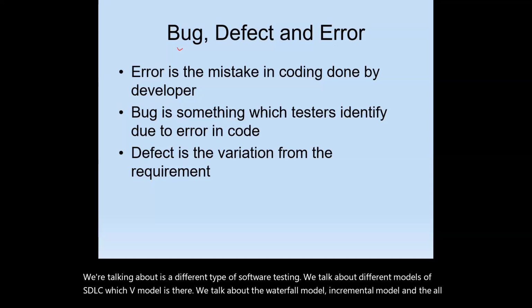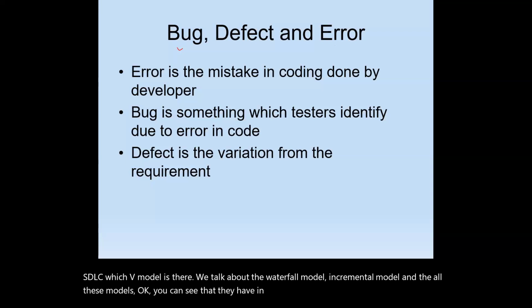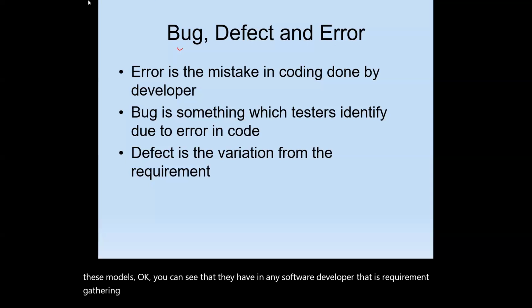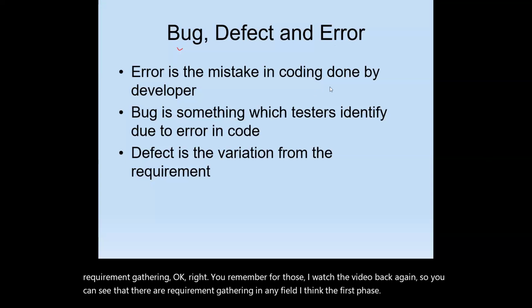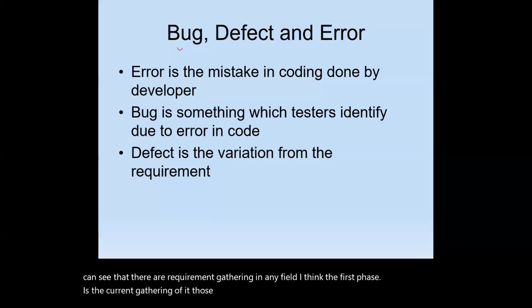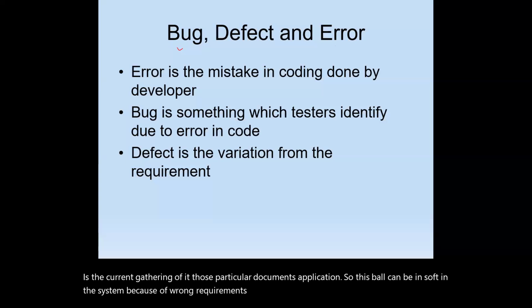You can see that in any software development life cycle, the first phase is requirement gathering. So a bug can be in the system because of wrong requirement gathering. If the business team gathered a wrong requirement, that can also be a bug in the system.